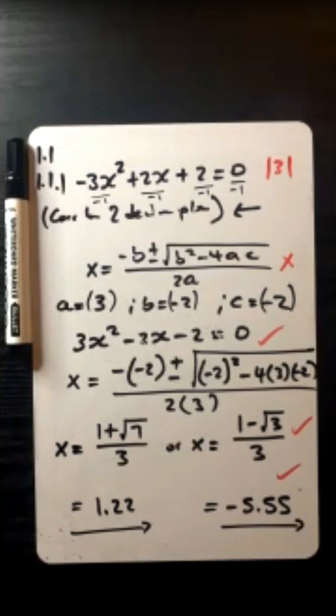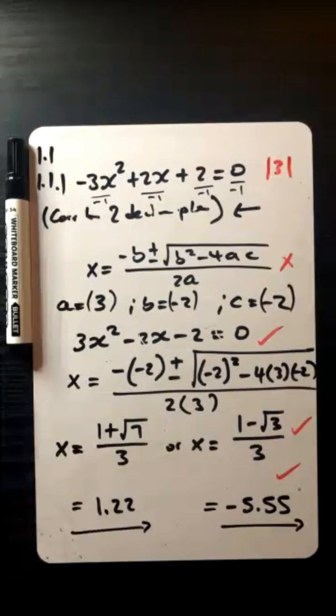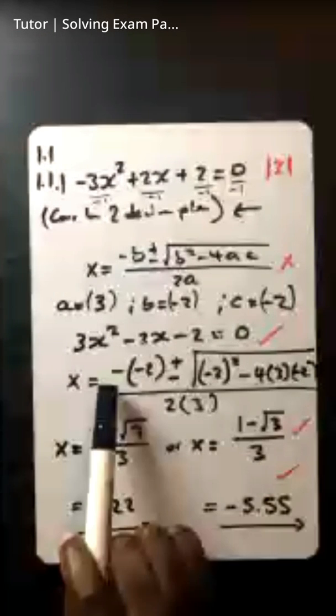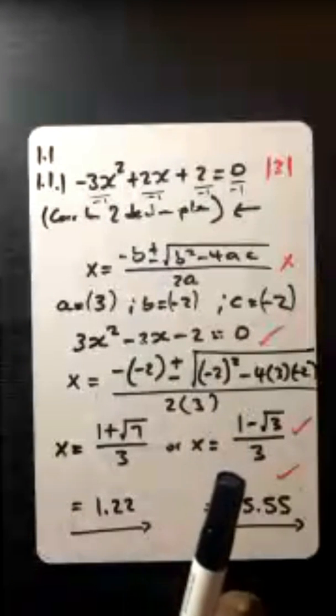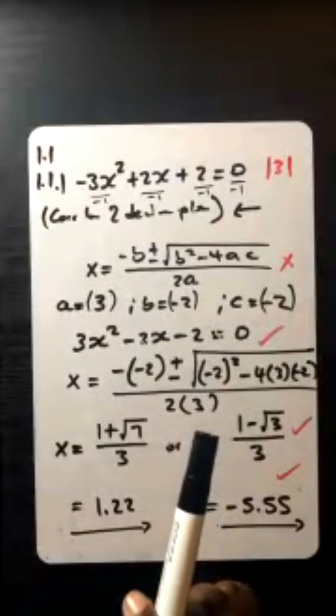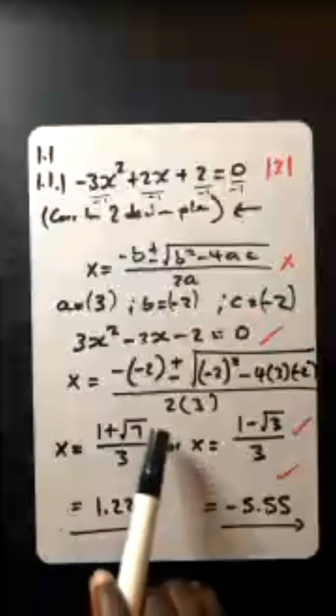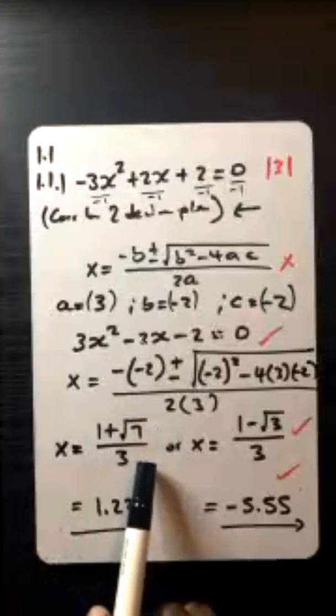Any questions? Sammy, I'm getting a different answer. For which one? Substituting with negative in the formula, I'm getting 1 minus square root of 7 over 3. Okay, let's quickly check something. Remember the first calculation that you did? I remember you got a completely different number from ours.